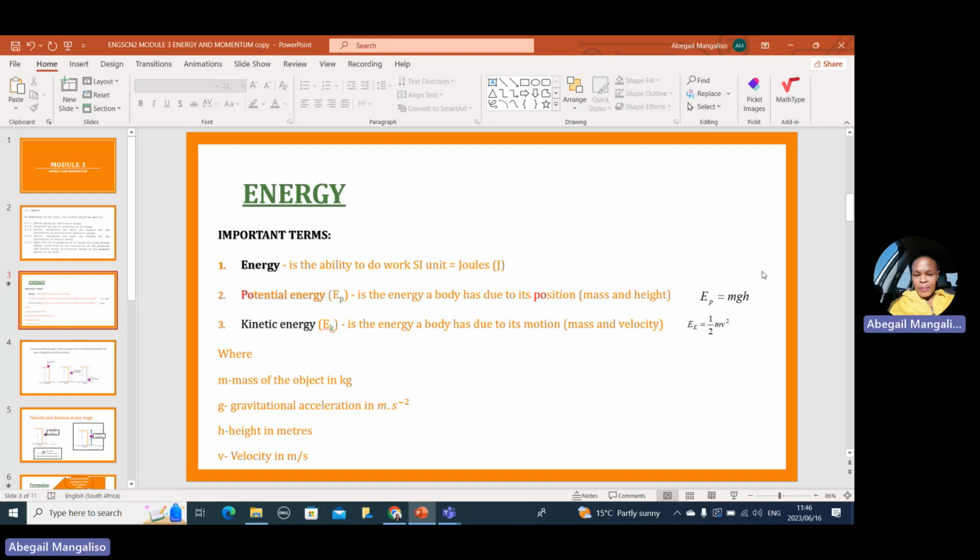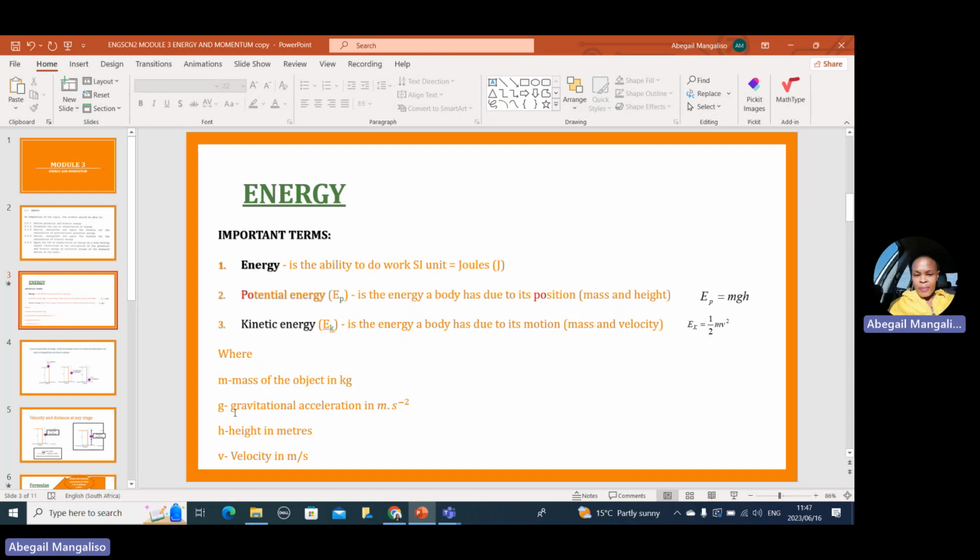Now, these symbols that are used here: m is the mass of the object in kilograms. If it is not given in kilograms, you must first convert it to kilograms. I'm going to send a video on conversion of SI prefixes. g is the gravitational acceleration in meters per second squared, and it is 9.8 meters per second squared on Earth. h is the height in meters, and v is the velocity in meters per second.